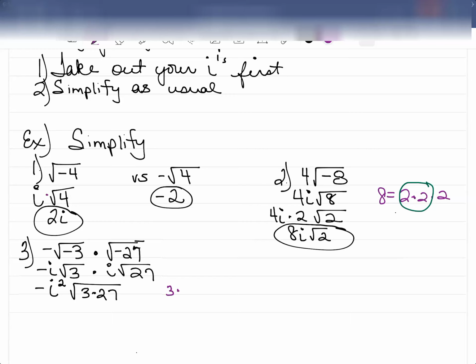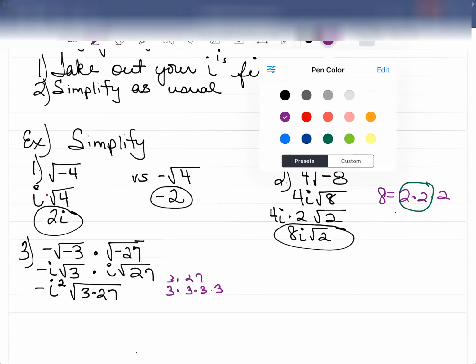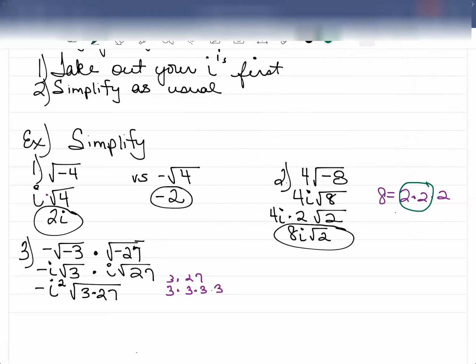So I have my 3, and 27 will end up being 3 times 3 times 3. 27 is 9 times 3. The 9 will give you two 3s, plus you already have a 3. So 3 times 27 becomes 3 times 3 times 3 times 3. I'm looking for sets of 2 because it's a square root. So here's a set of 3, here's a set of 3.